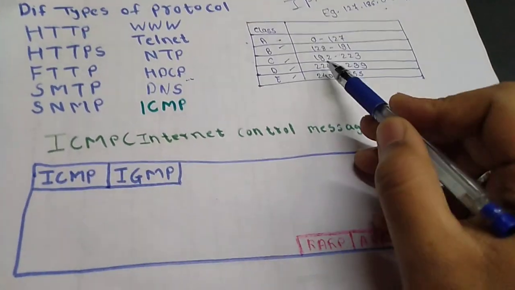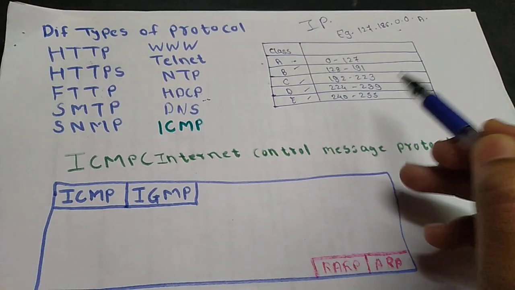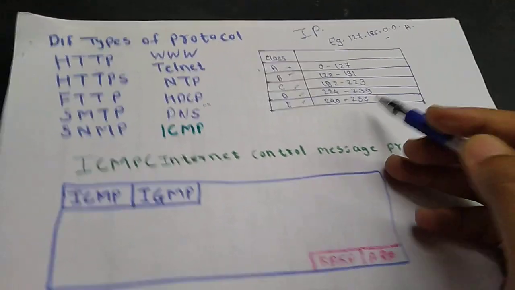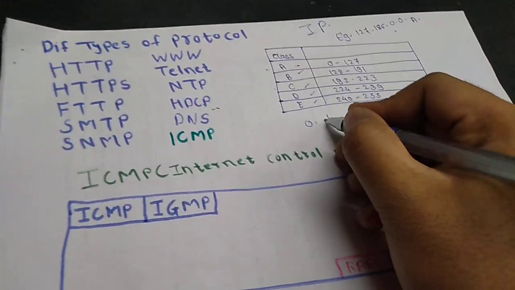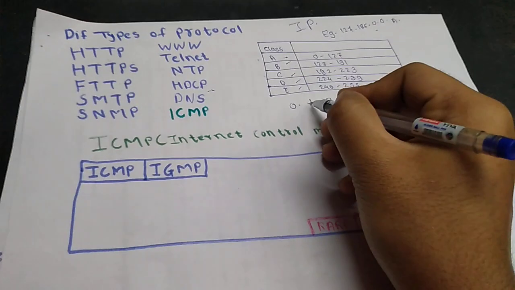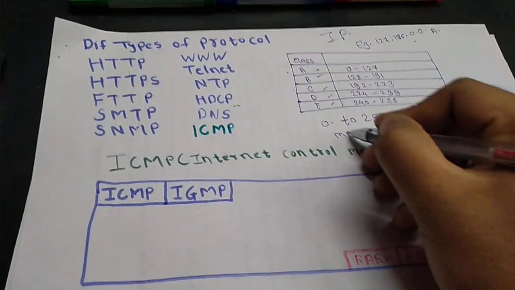Then C class is 192 to 223. D class is 224 to 239. And E class is 240 to 255. There is a 0 to 255 range. It is the IP range that is being used.